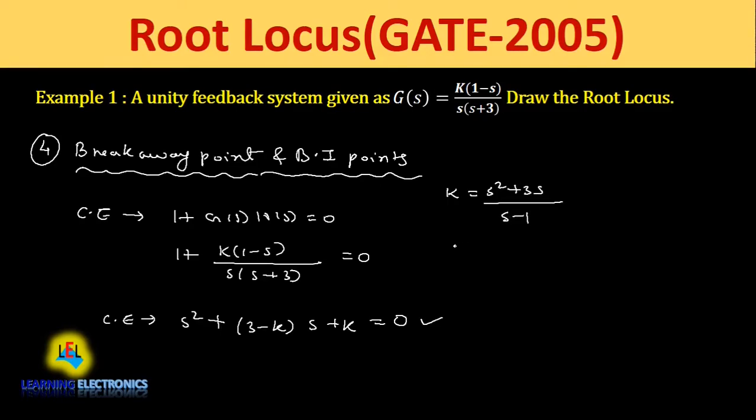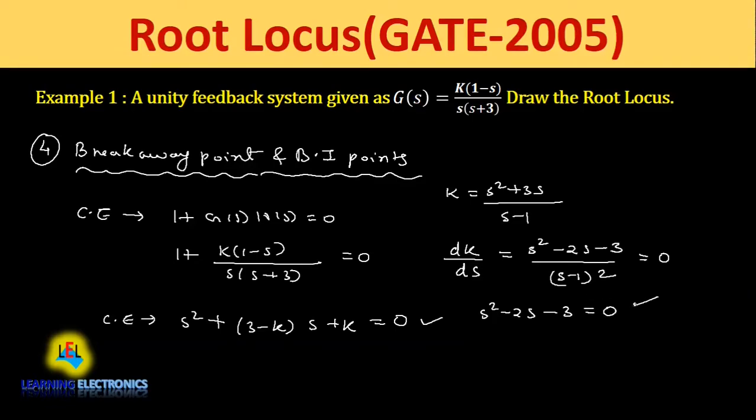Now we have to differentiate this equation with respect to s, that is, find dK/ds. Differentiating, we get (s^2 - 2s - 3) divided by (s - 1) whole square. Now we equate this to 0. Therefore, we get s^2 - 2s - 3 = 0. Now we find the roots of this equation to find the breakaway point.